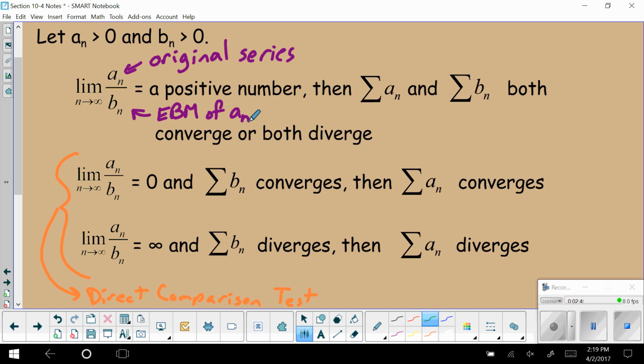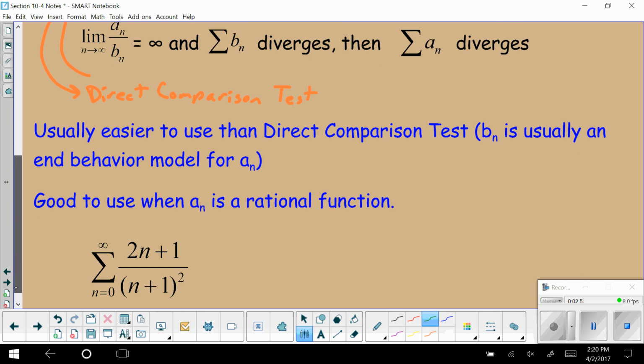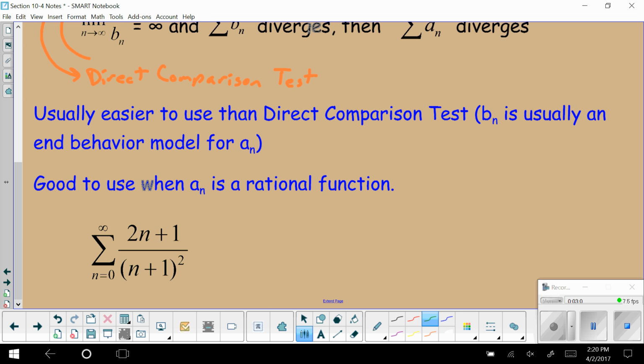And then if we get a positive number, we just have to decide if this series converges or diverges, and then our original series must do the same. So a benefit to this is it is usually easier to use than a direct comparison test because we have a strategy for choosing the series to compare to, namely use the end behavior model.